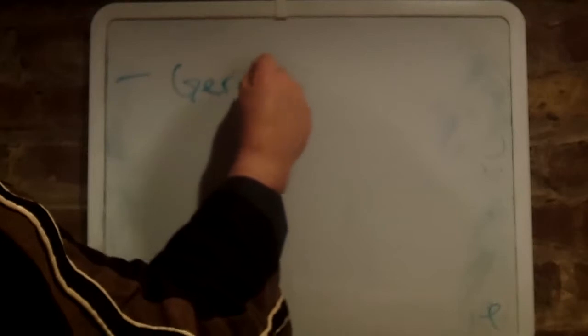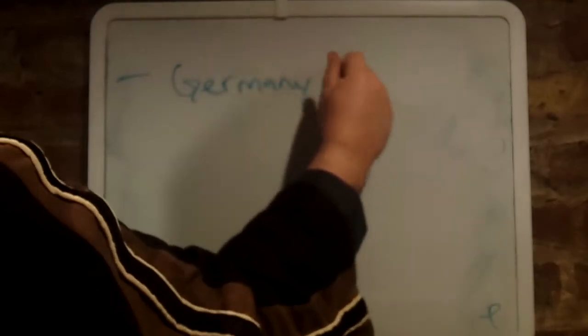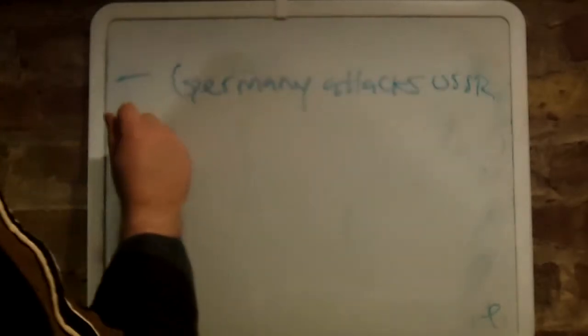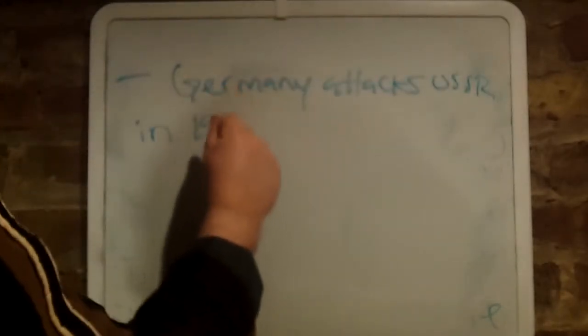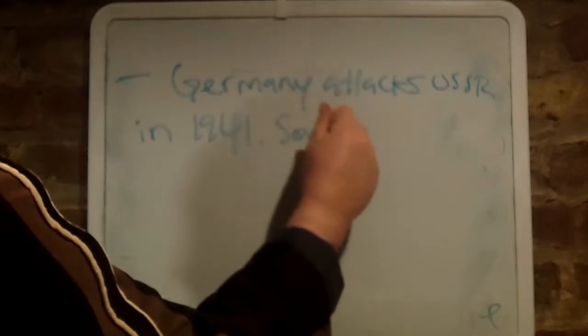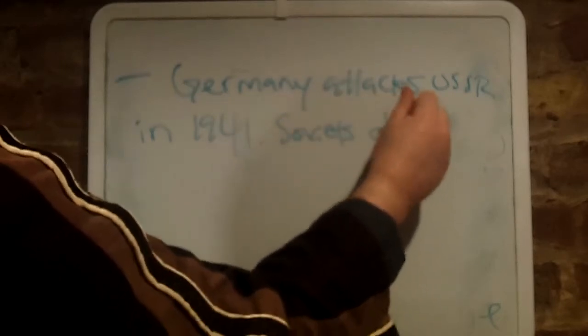So the gist of World War II is when Germany invaded the Soviet Union in 1941, which was their big mistake. And the Soviets pretty much defeat Germany through attrition.